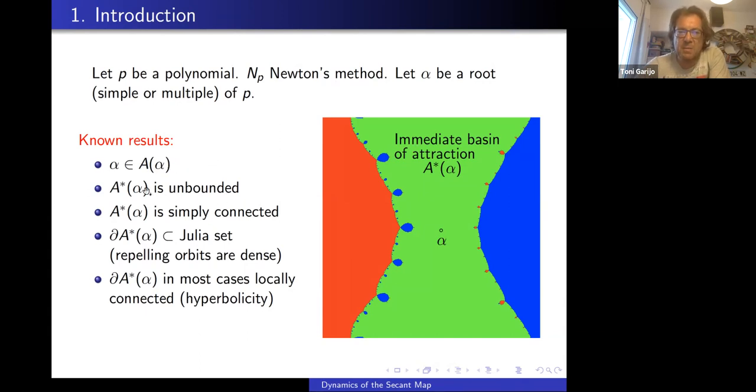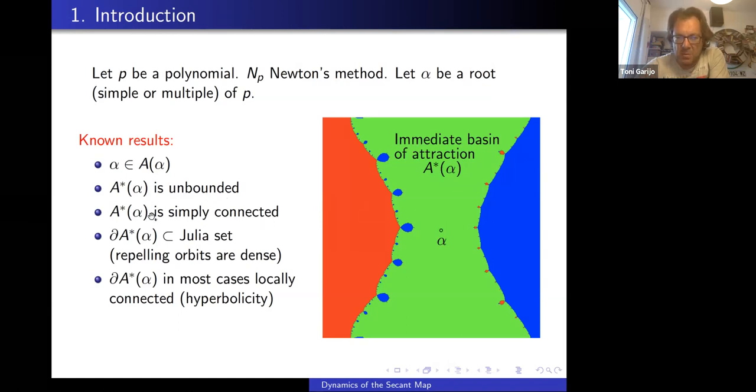The second property is that the immediate basin of attraction is unbounded. This property is used by several authors to obtain a set of initial conditions converging to all the roots of the polynomial, so it can also be understood as a powerful property for obtaining all the roots of a polynomial.